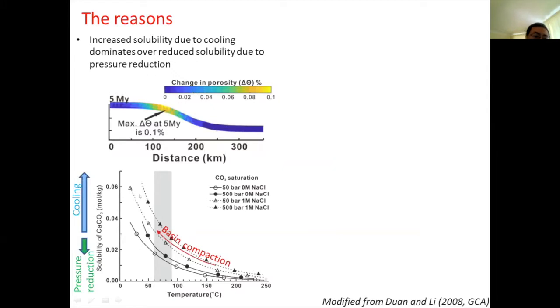If we look at the relationship of calcite solubility with pressure and temperature, we can see that cooling will cause an increase of calcite solubility and cause dissolution, but a pressure decrease will cause a decrease of calcite solubility and cause precipitation.